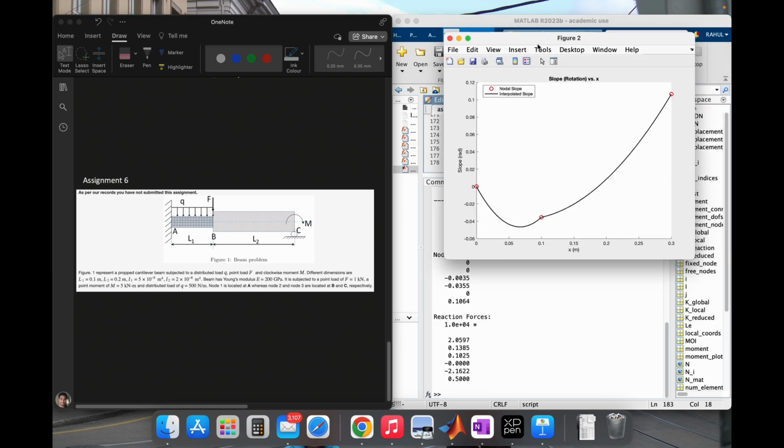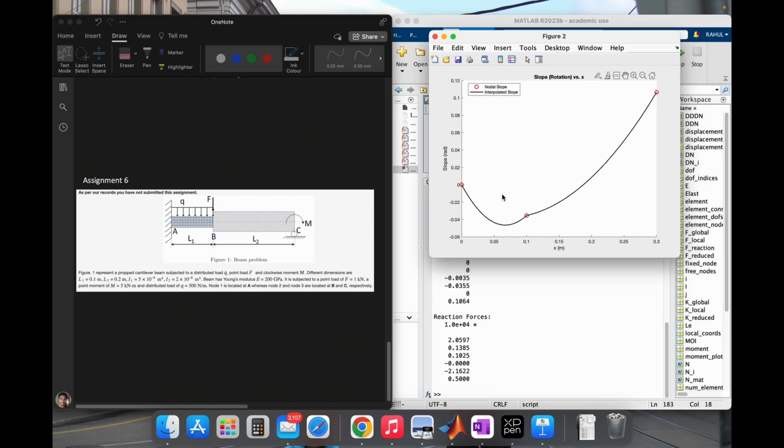And this is the slope diagram. Here you can see that this beam will not rotate at point A, so the slope is 0 there, and the slope is maximum when L is 0.3.